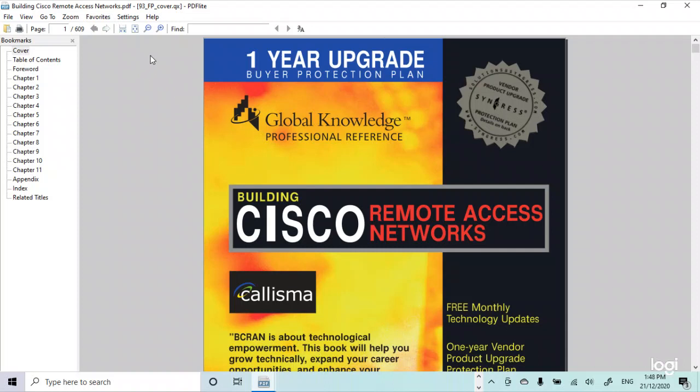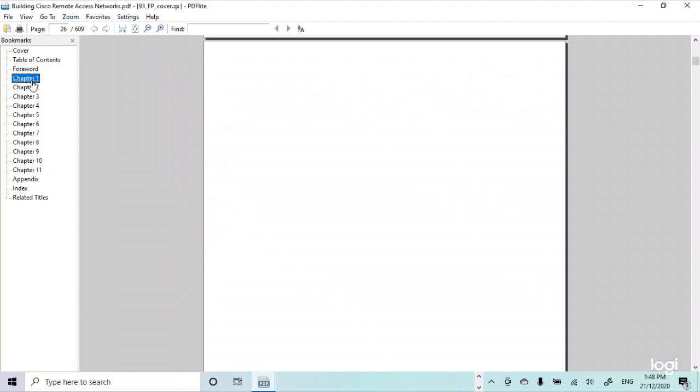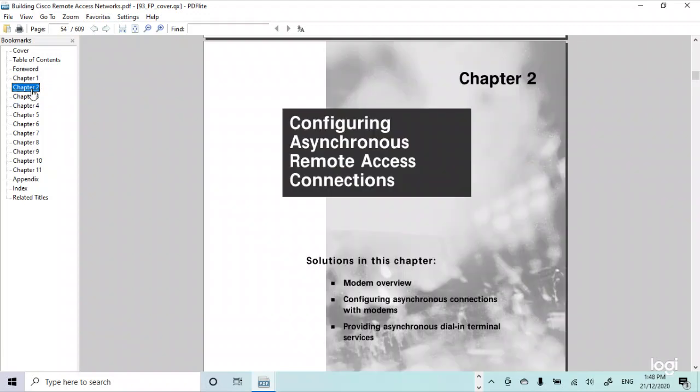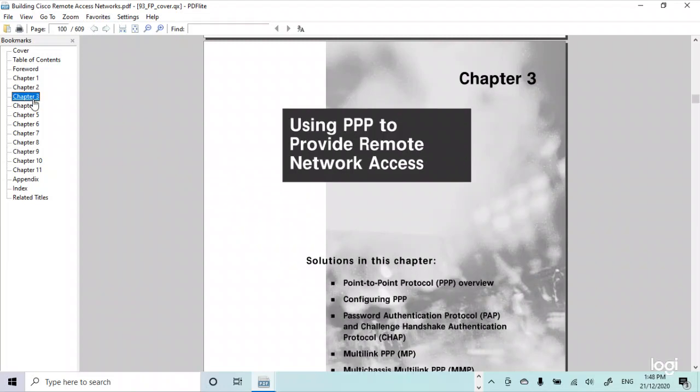Chapter 1 is an introduction to Cisco remote access solutions. In chapter 2 you can see configuring asynchronous remote access connection. In chapter 3 you see using PPP to provide remote network access.